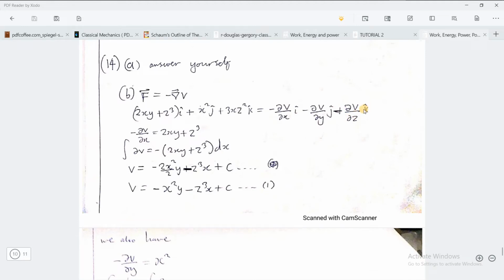You get this operation, and when you get this, you must equate each of the parts together. Since this part is equal to this part, here you equate minus partial V over partial x to this part with the i.